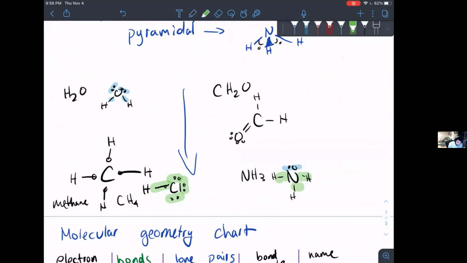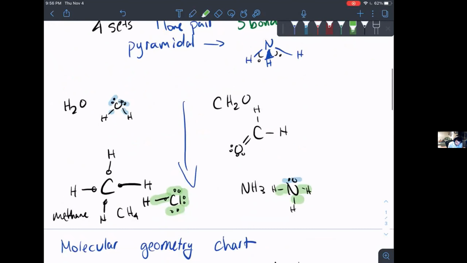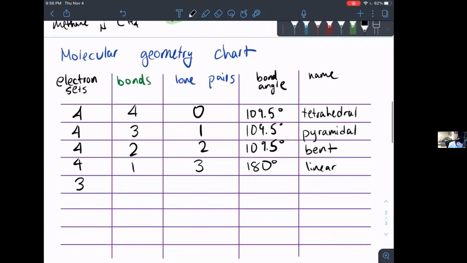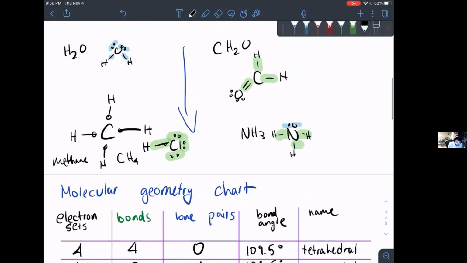Now, if you remember from earlier too, I said we only look at the central atom. So we're actually going to ignore the lone pairs on oxygen, just count 1, 2, 3 bonds. And so that's going to be 3 sets, 3 bonds, 0 lone pairs. And the angle is going to be 120 degrees. At this point, it actually sits flat on a plane.